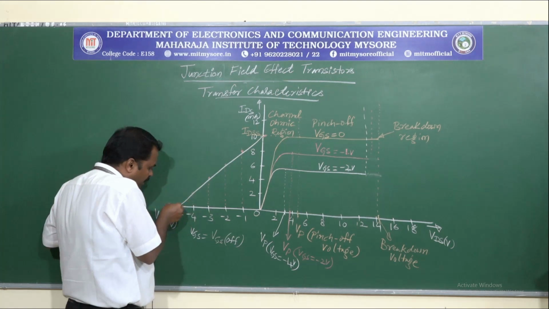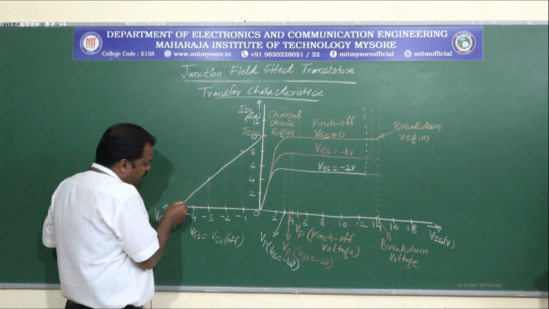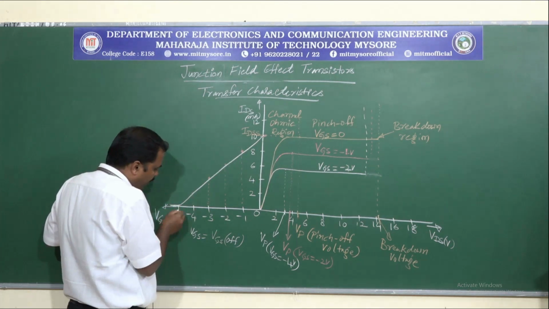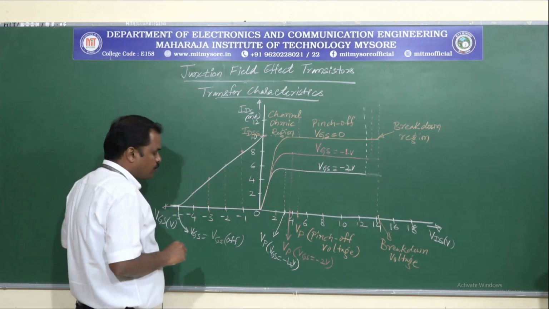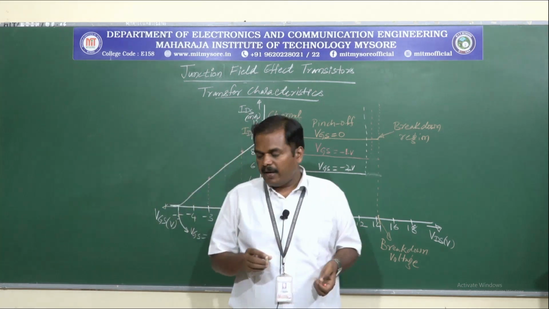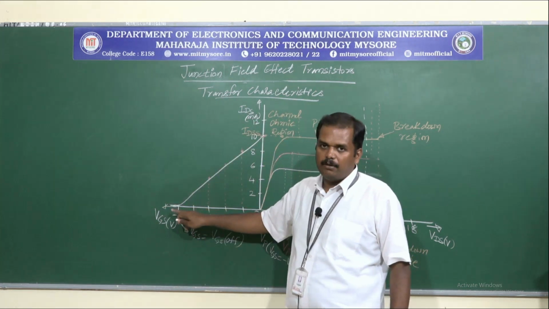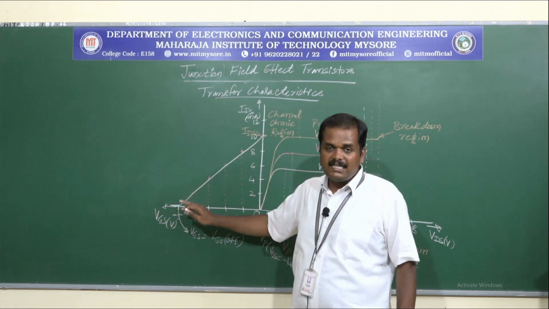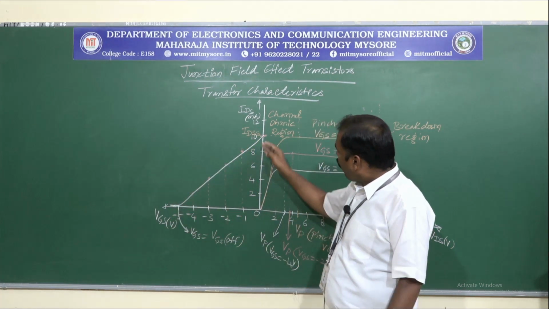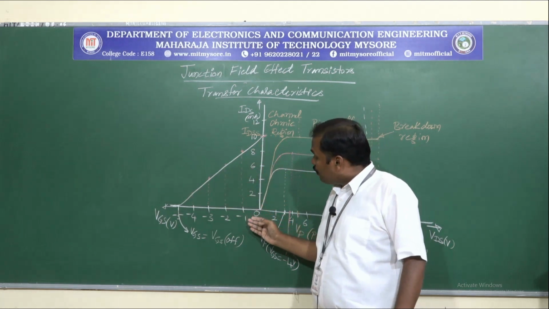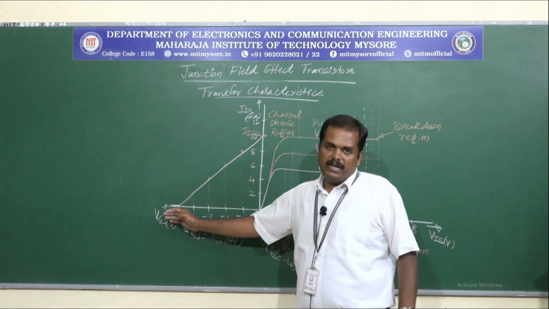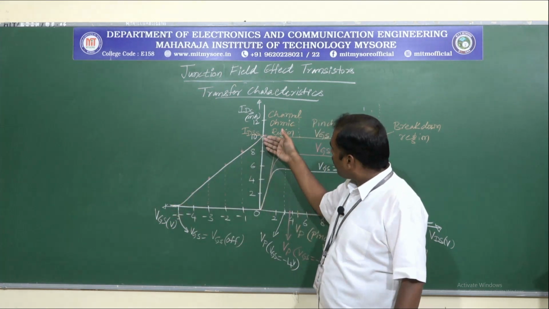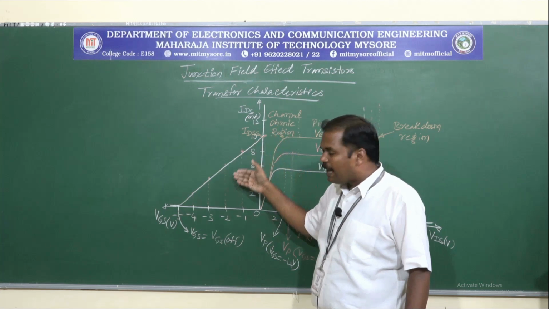Somewhere the ID becomes 0, and this is the point where VGS equals VGS off. This is the transfer characteristics of the N-channel JFET. It shows how ID varies with the VGS variations. As I go on varying VGS in the negative direction, the IDS values are reduced.